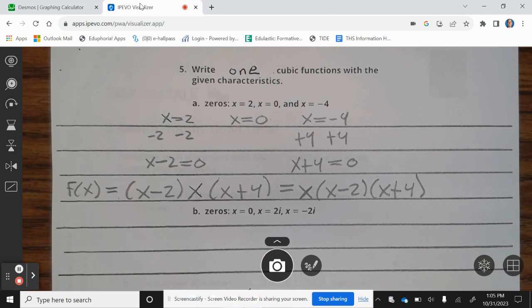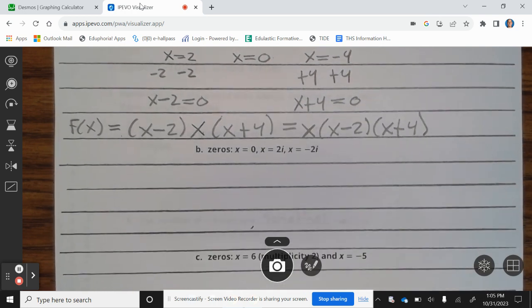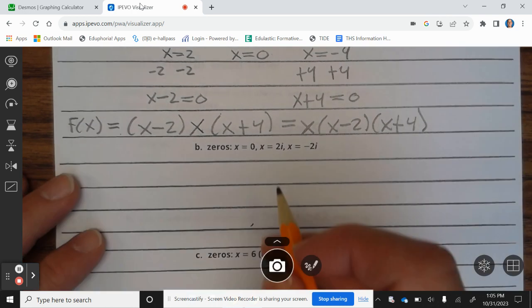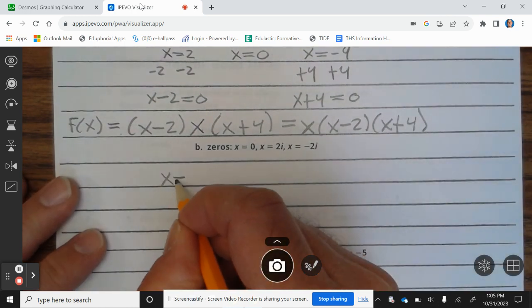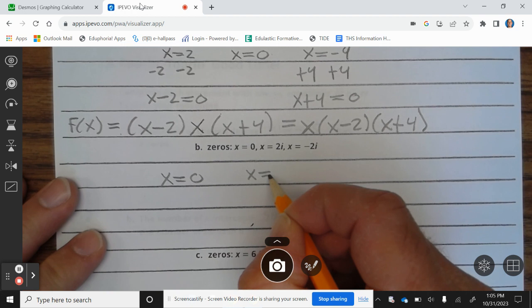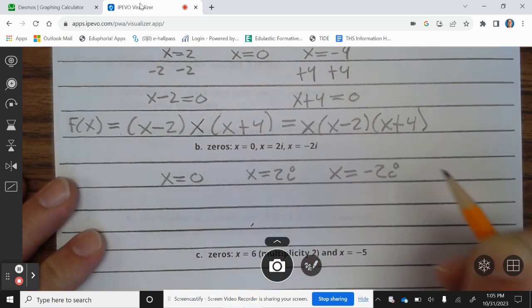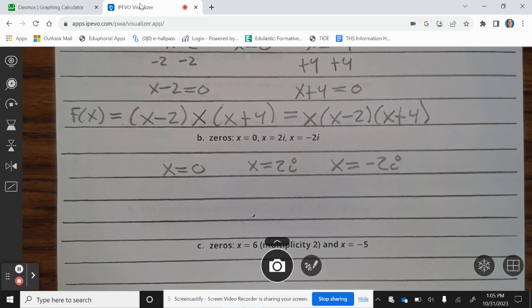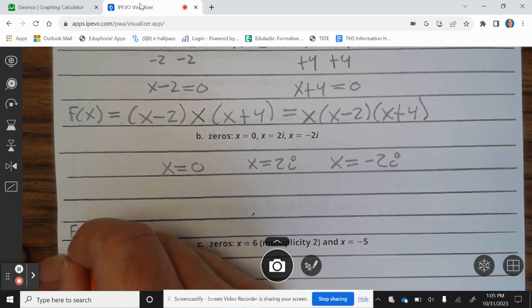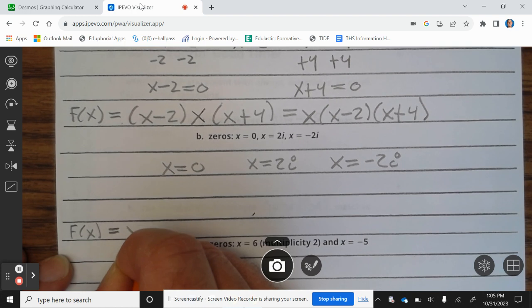Okay, go ahead and finish up 5a. All right, let's go and look at b. So we get x equals 0, x equals 2i, x equals negative 2i. So, again, f of x equals, well, we already have the x.